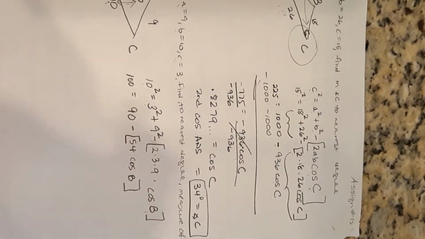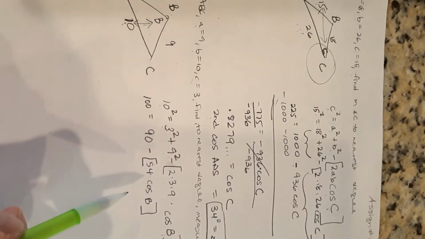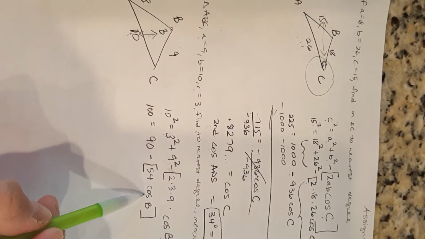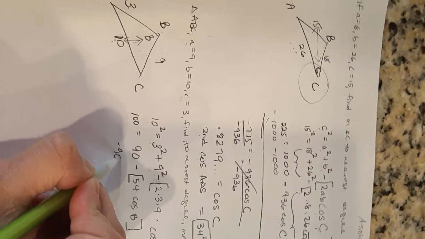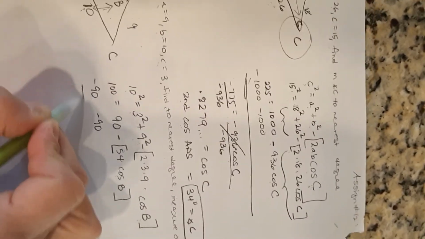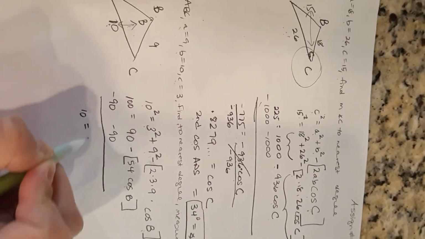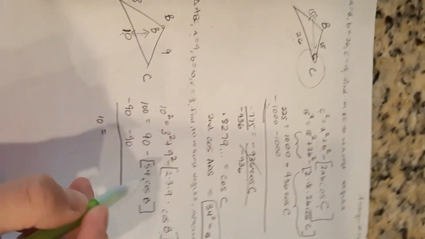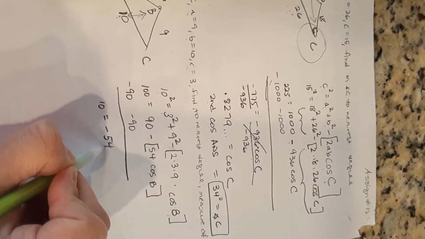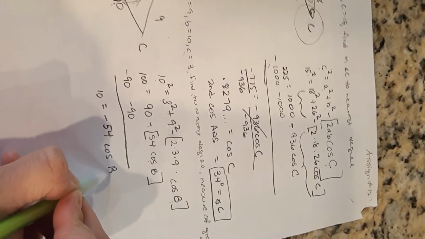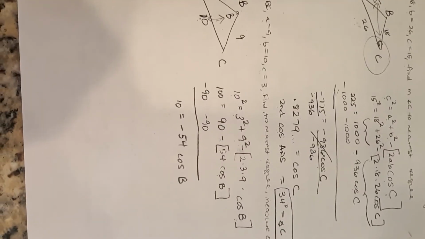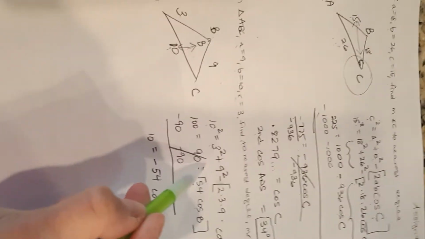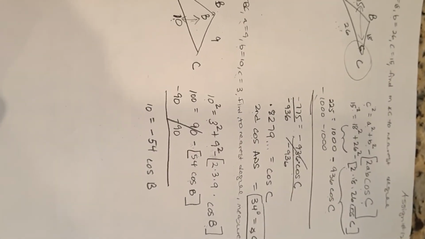So, again, it's like a log equation. You have to isolate the term with cosine. So we're going to subtract 90 on both sides. And now you bring the subtraction sign down as your negative sign. Because it's subtraction, you have to do the opposite operation.